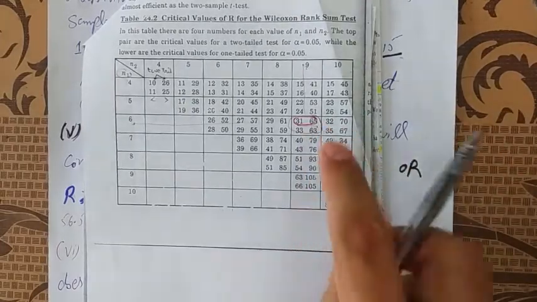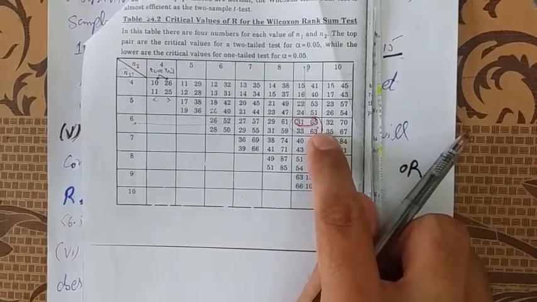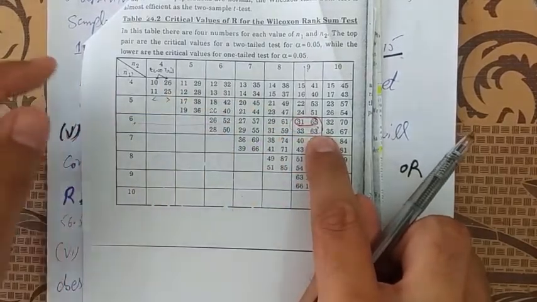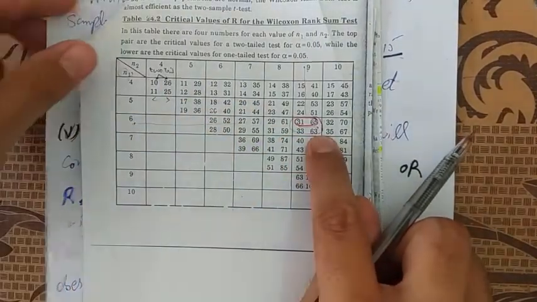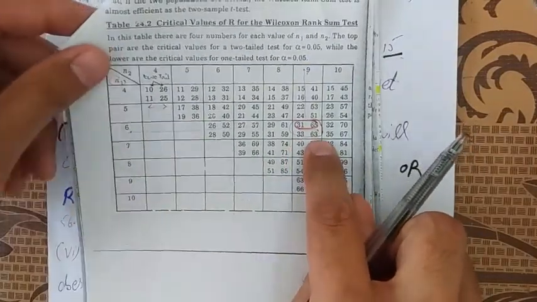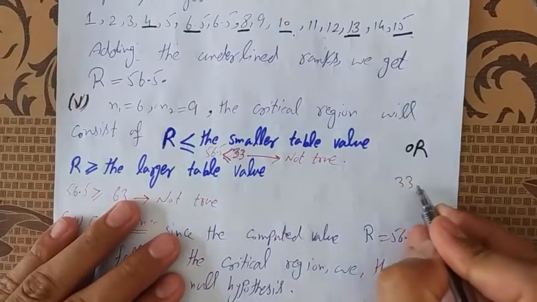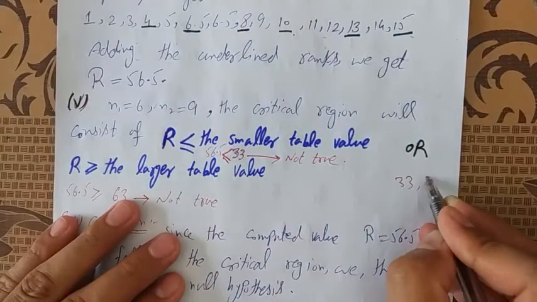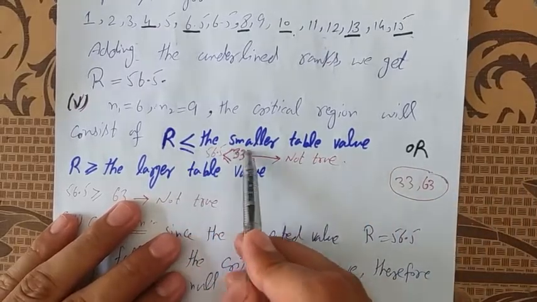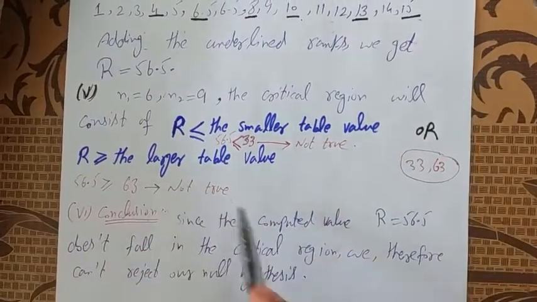These two below values are for the one-sided test, and our problem is a one-sided test, so we use the below values, 33 and 63. So the formula: capital R less than or equal to the smaller table value, or capital R greater than or equal to the larger table value.